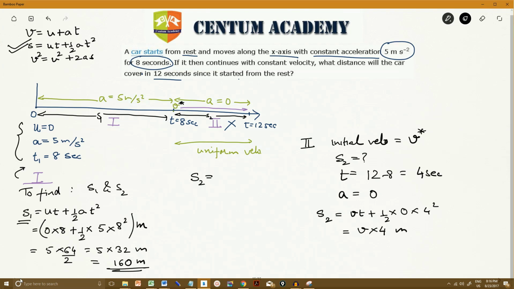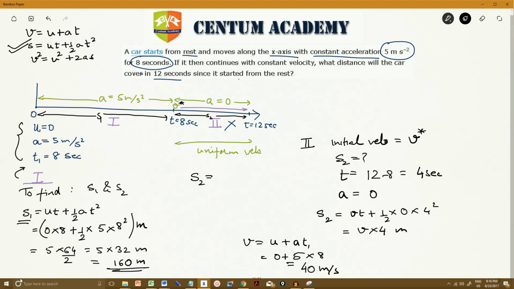Let's find out v. In the first phase, v is the final velocity. Using equation 1, v is u plus at, where a is the acceleration in the first phase. So this is nothing but 0 plus 5 into 8, because the time taken in the first phase is t1, which is 8. So it is 40 meters per second.